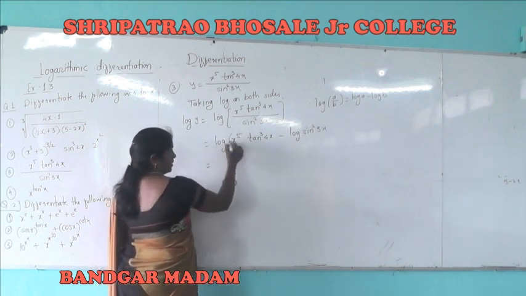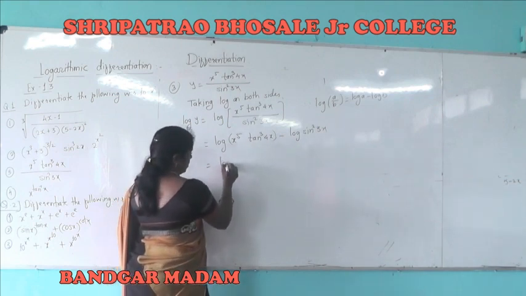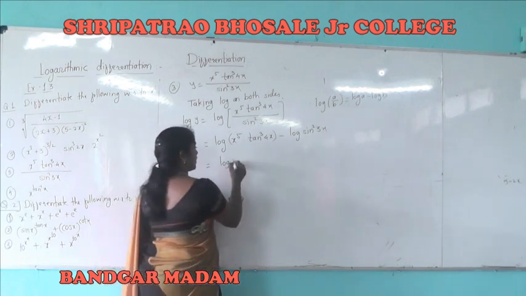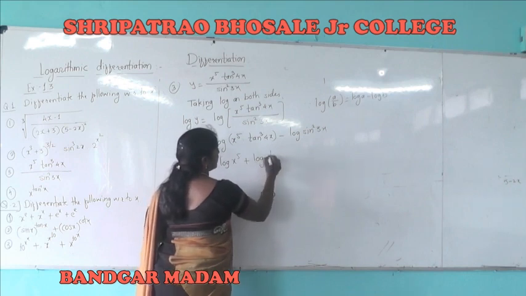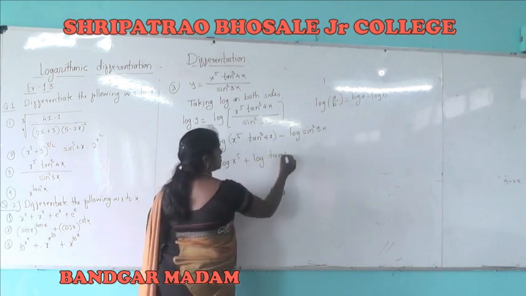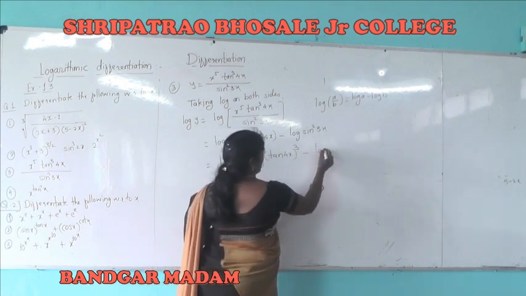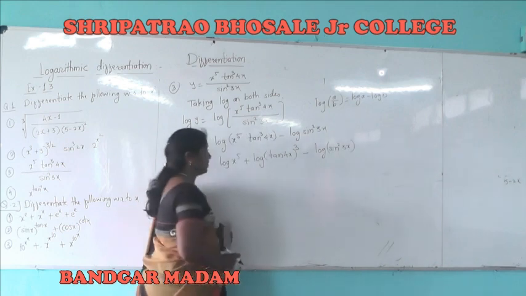Now here there is a product of two functions, so we will split log again. Log a into b is log a plus log b. So log x raised to 5 plus log of tan cube 4x, so this is tan 4x bracket cube, minus log sin square 3x.